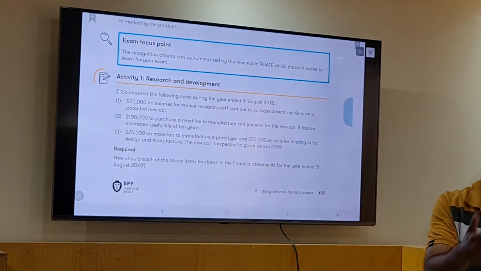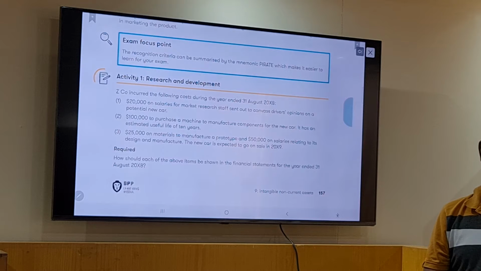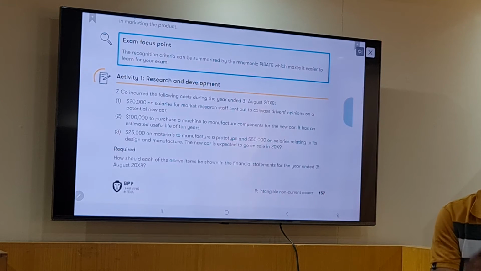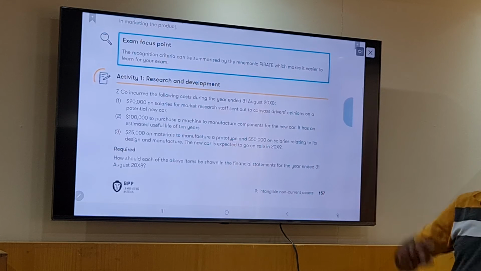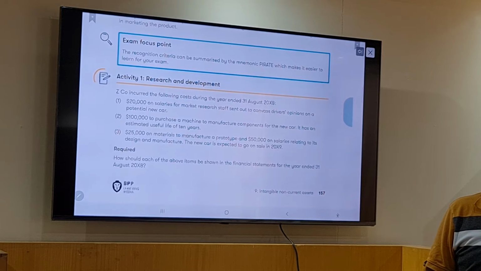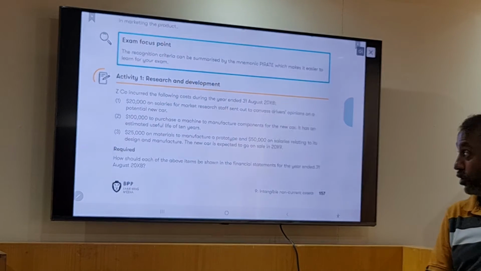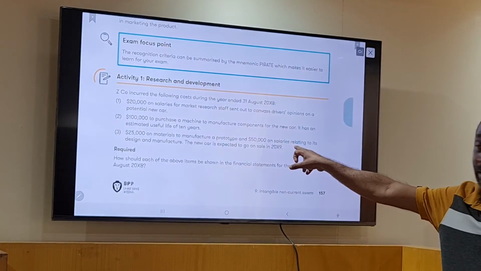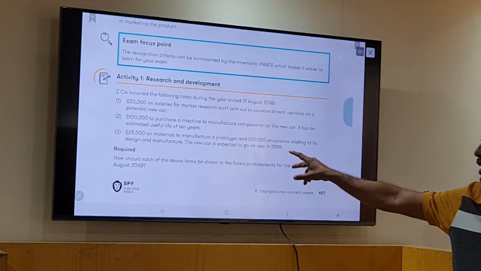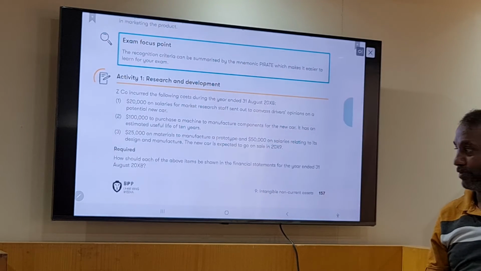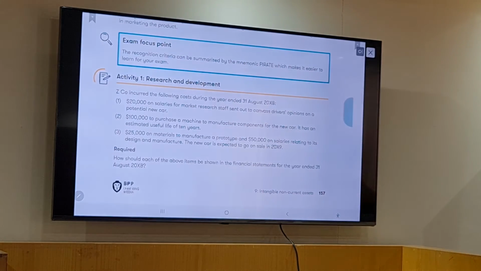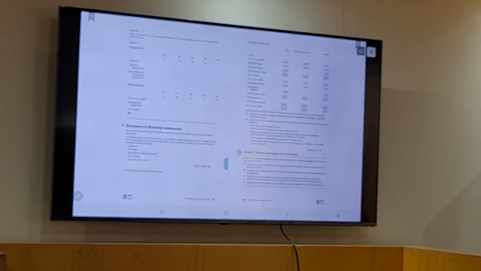Hence, you capitalize as development expenditure and see if you can amortize it based on its life. In case they say the expected selling price is so and so, then you take whichever is lower, the cost or the sales amount. Is that clear? Okay, then we move on to the next one.